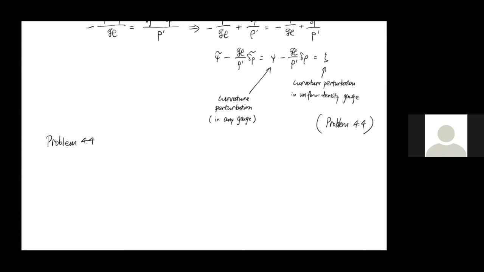This is to help you understand the physical meaning of the curvature perturbation. So in the perturbed metric, derive the 3-dimensional Ricci curvature.